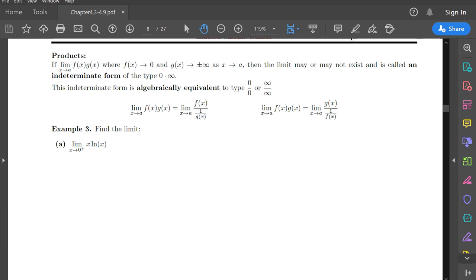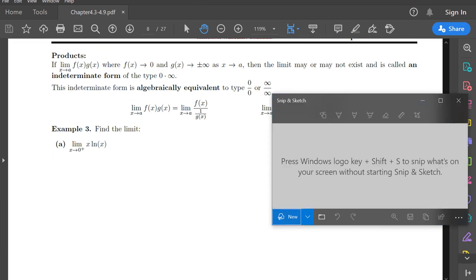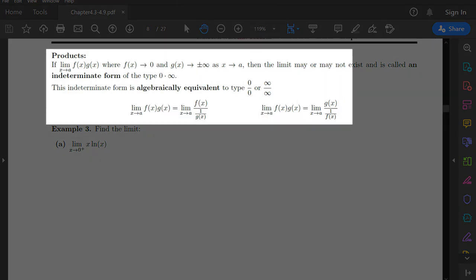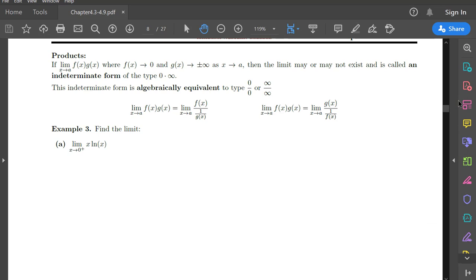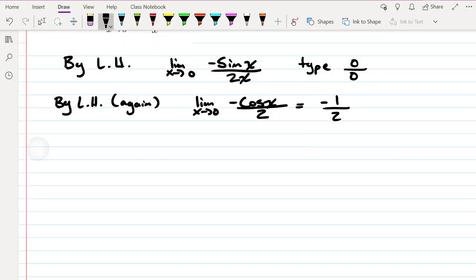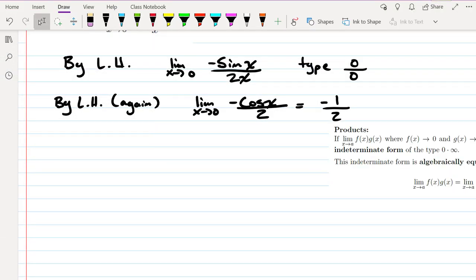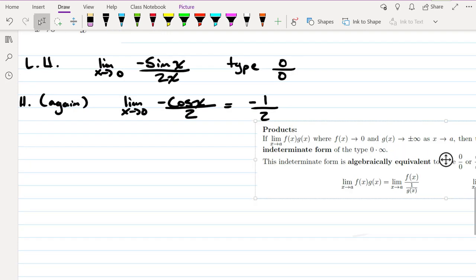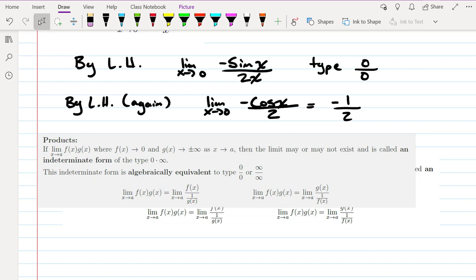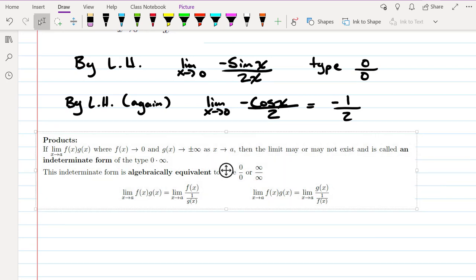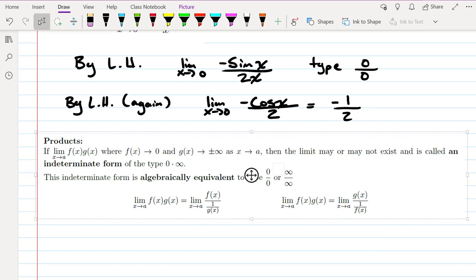Our next indeterminate form involves products. And there are two ways that this can happen. So we have an indeterminate form of type 0 times infinity if the following happens.